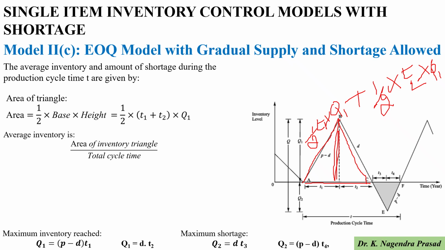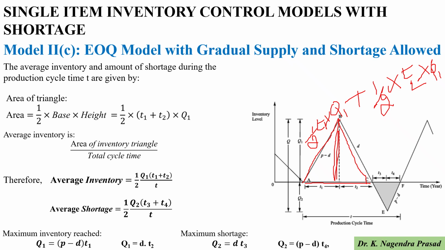Then the average inventory is the area of the inventory triangle divided by the total cycle time. So average inventory equals 1 by 2 into Q1 into (T1 plus T2) divided by small t. Similarly, the average shortage will be 1 by 2 into Q2 into (T3 plus T4) divided by small t.